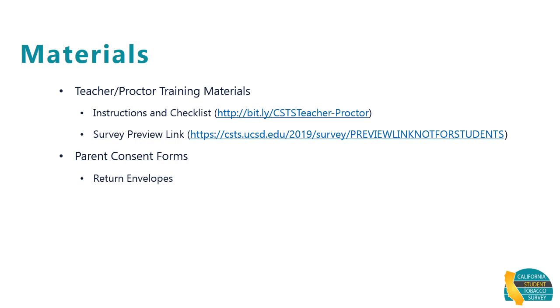Each envelope must be returned to your school's survey coordinator. You will also need to submit one participation log for each class section surveyed. Your survey coordinator will also provide you with the date you are supposed to administer the survey. If you are missing anything or have any questions, please do not hesitate to contact your survey coordinator or the CSTS project team. Our contact information will be provided at the end of this video.